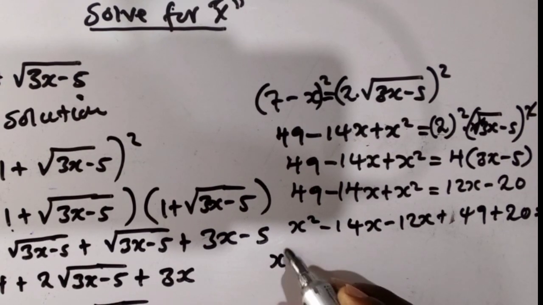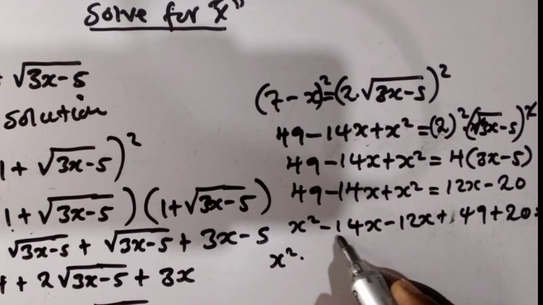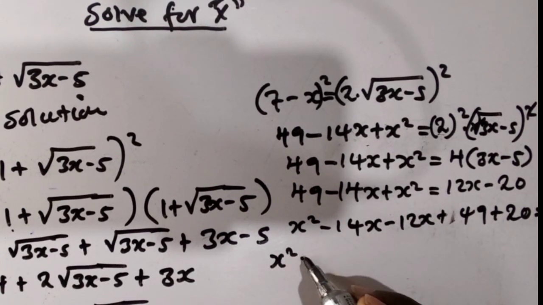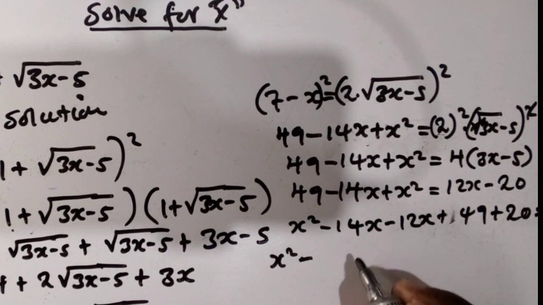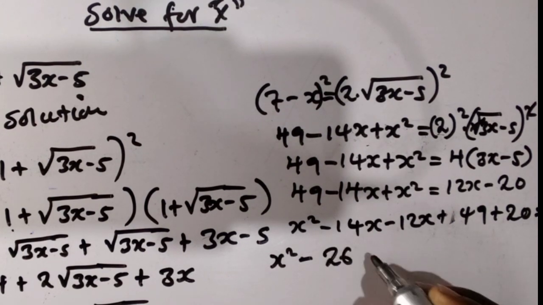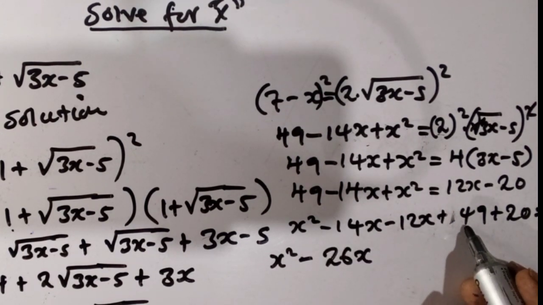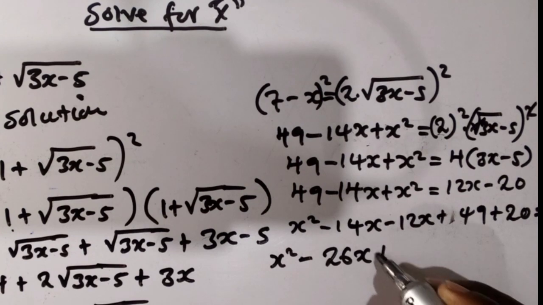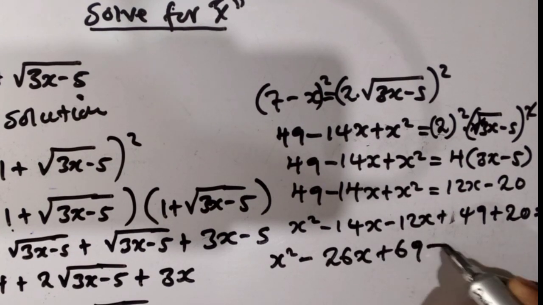So here we have x squared, minus 14 minus 12 gives minus 26x. Then 49 plus 20 gives plus 69, which equals 0.